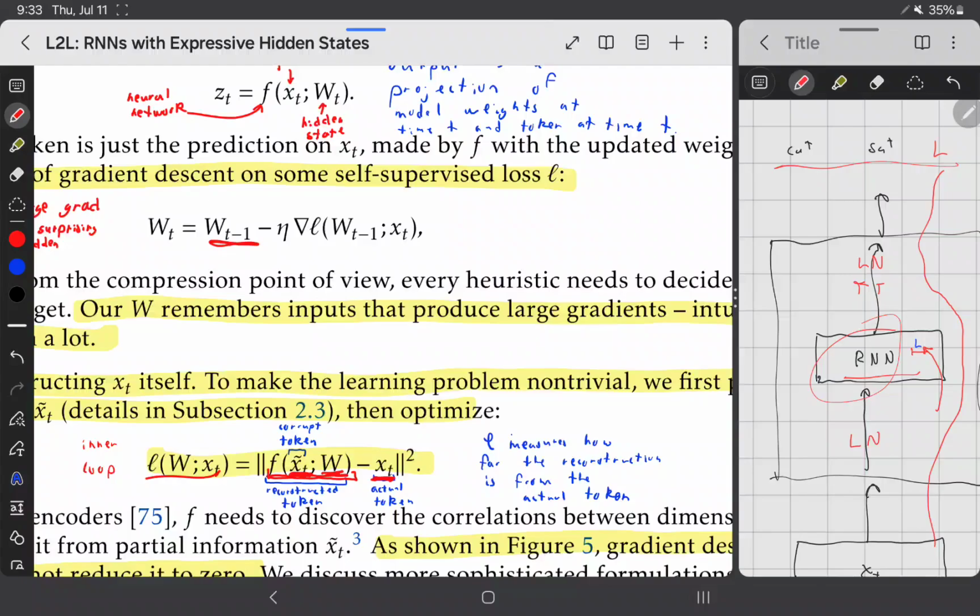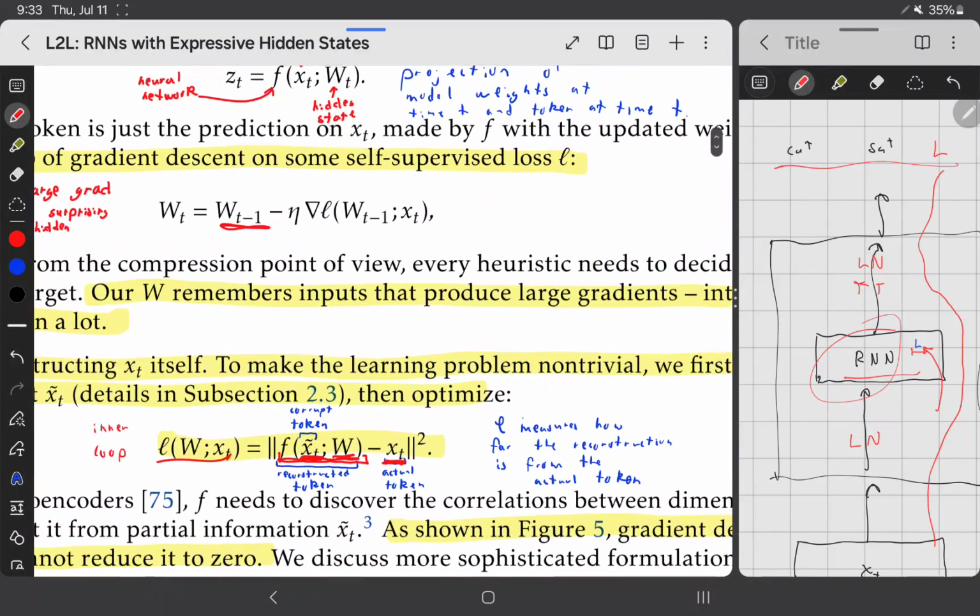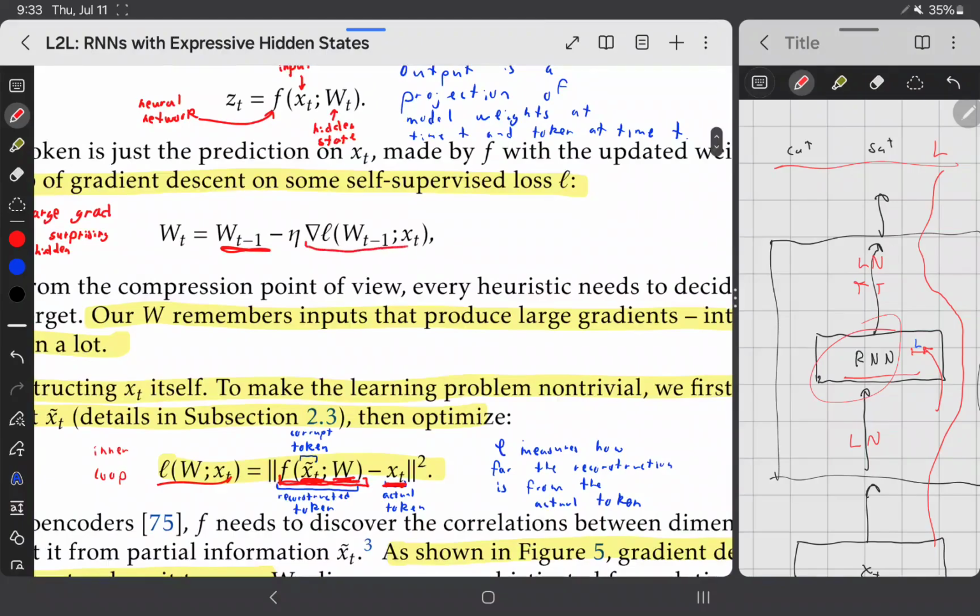What this means is that the tokens that make W learn a lot will have more impact on W, and if they have more impact on W, that should update W more. That is, tokens that are difficult to reconstruct probably have more information because they're harder to reconstruct.